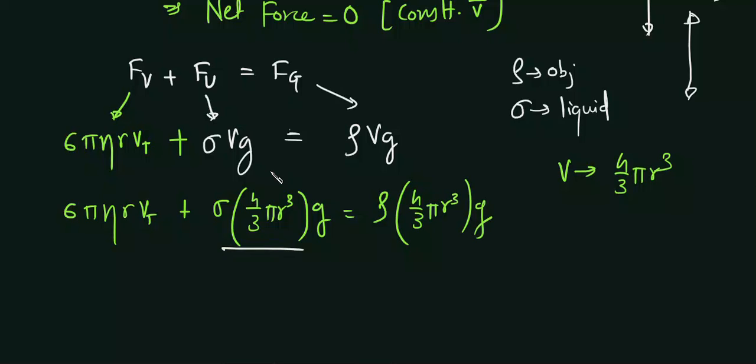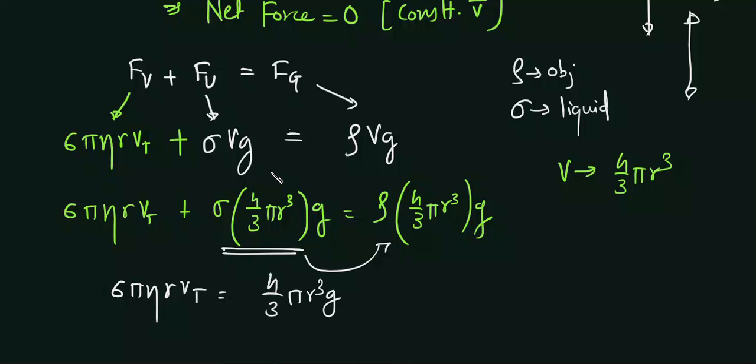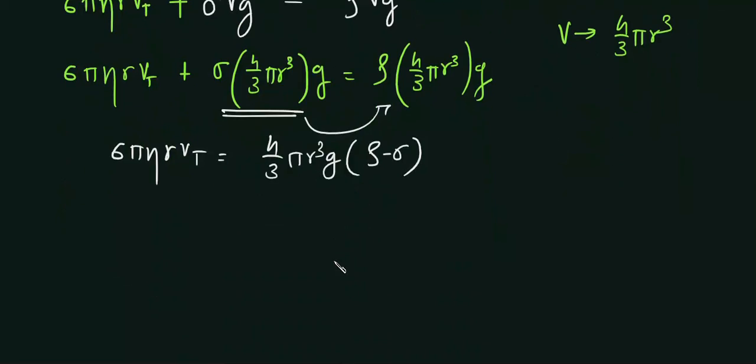If you take this term across, it will become 6 pi eta r Vt is equal to 4 by 3 pi r cube g into (rho minus sigma), isn't it?